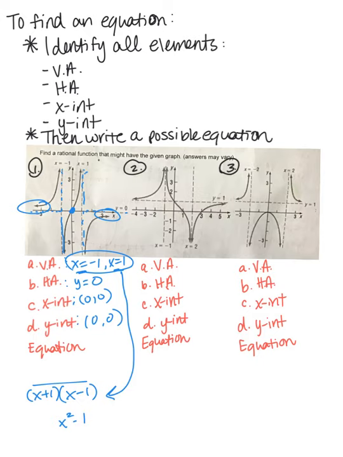So you're thinking, okay, well, I could have any variable, x squared, x cubed, x to the 4th, x to the 5th, but not so much, because remember, this horizontal asymptote where it says that I'm at 0, that means that the top must have been smaller than the denominator. Remember, that means that n is less than m. So if in the denominator I have an x squared, that means the only possible solution for the numerator must be just a single x. So that when I compare, x is less than x squared.